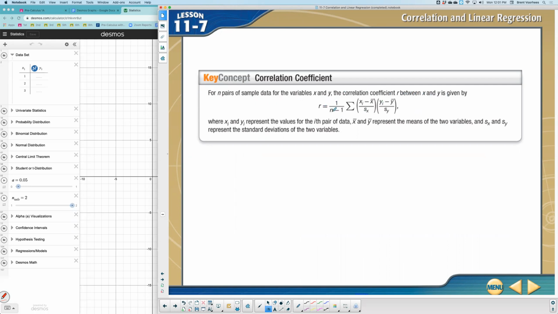And so really, however many samples you have, 1 divided by the samples minus 1, times the sum. This is going to be any particular x value in a sample minus the mean of the x data set divided by the standard deviation of the x data set, times whatever the particular element of the y or the second data.